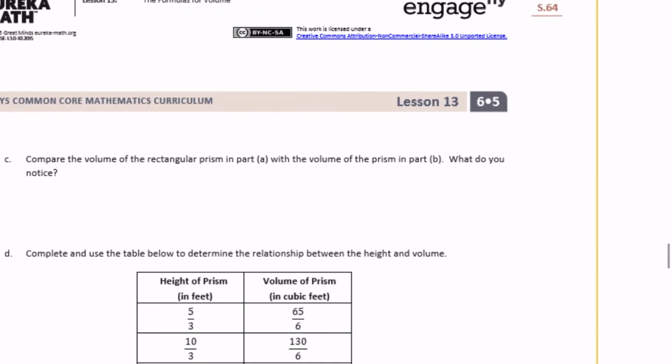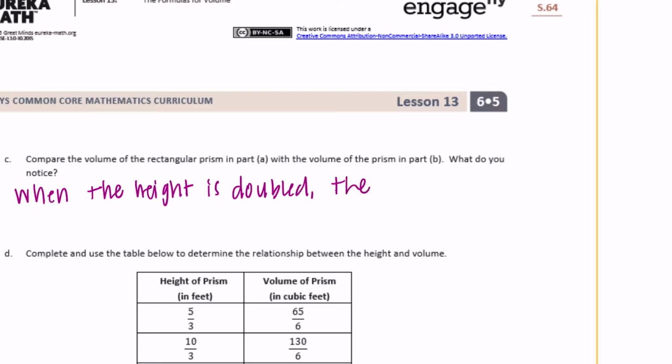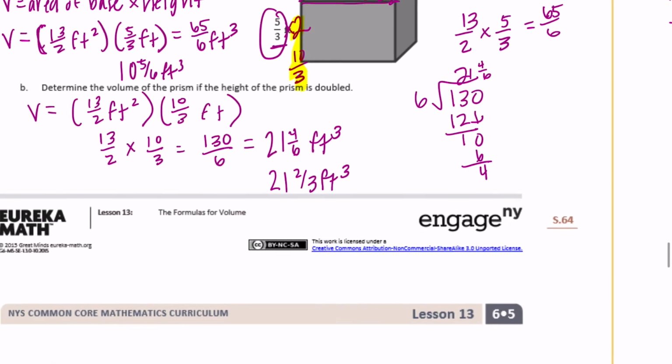We can say that when the height is doubled, the volume is also doubled. Right, 21 and 2/3 is twice as much as 10 and 5/6.